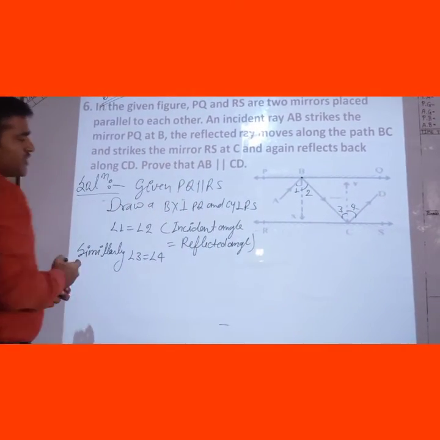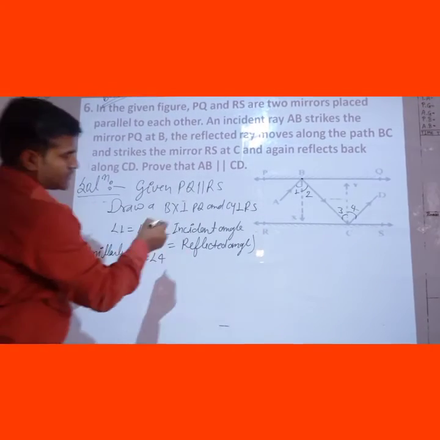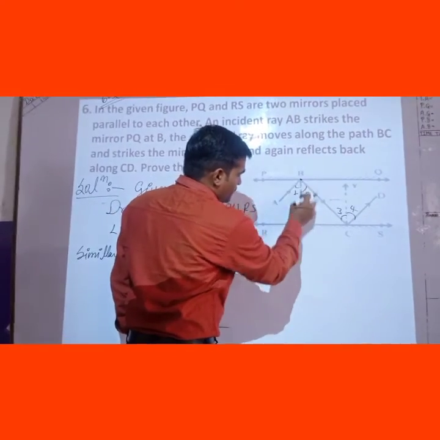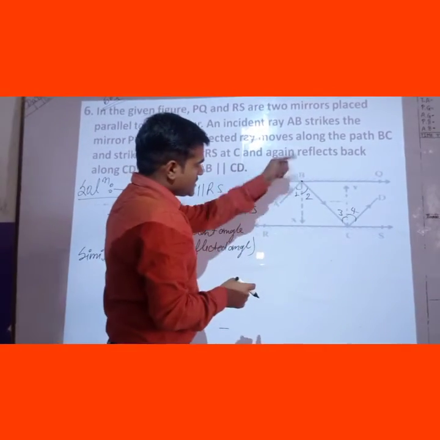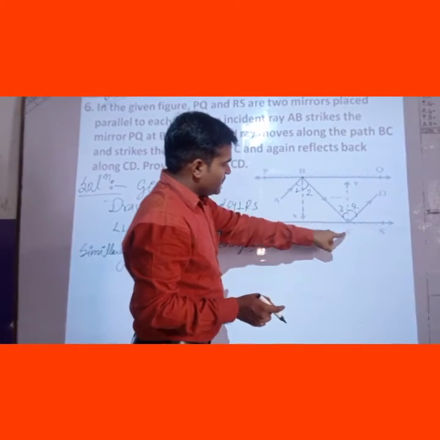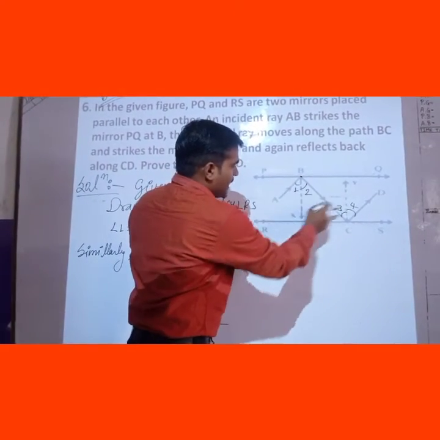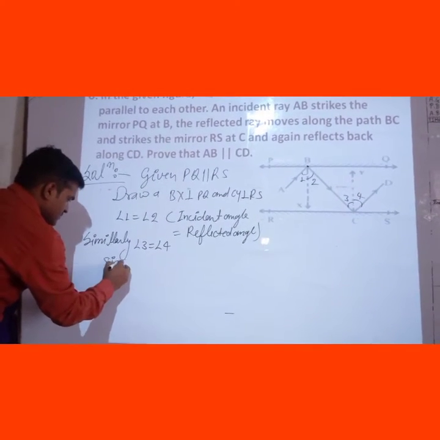Now children, since BX and CY are parallel, because at B we draw a perpendicular and at C we draw a perpendicular, BX and CY are parallel.